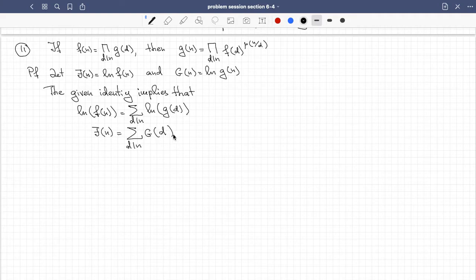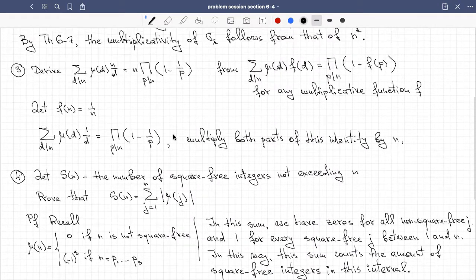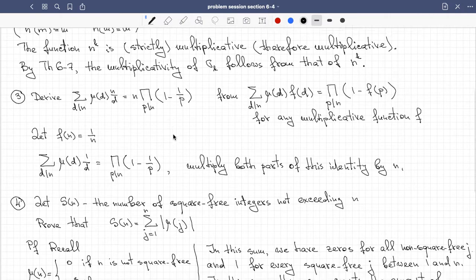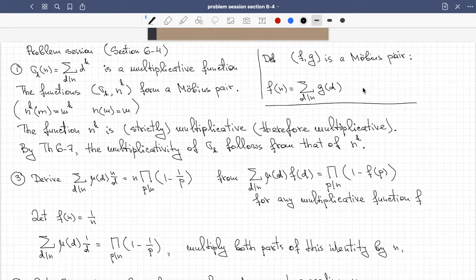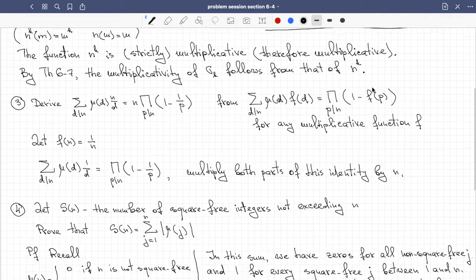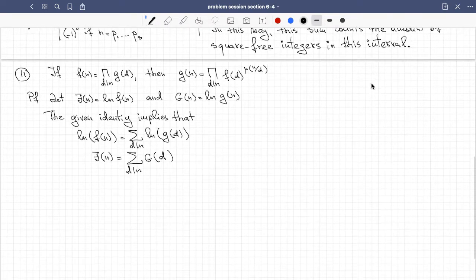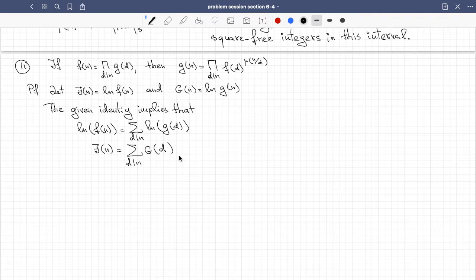By this definition, which I have just recalled somewhere here, we conclude that capital F, capital G is a Möbius pair.